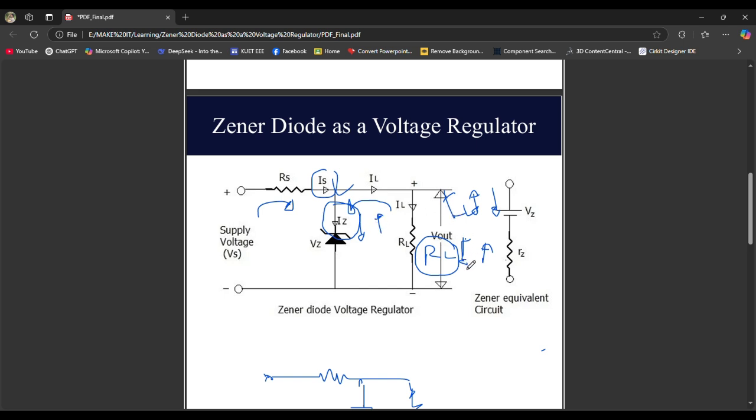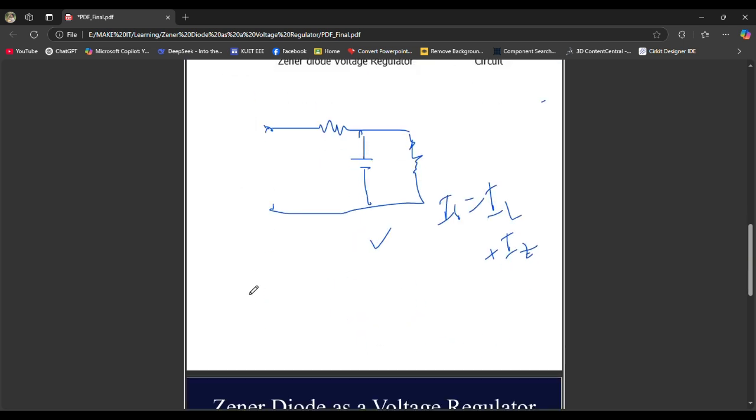So indirectly we can see that when RL is minimum, we have Iz minimum, and when we have RL maximum, we have Iz maximum.